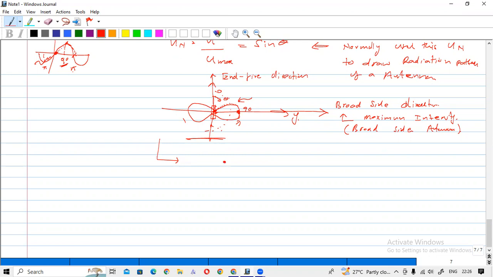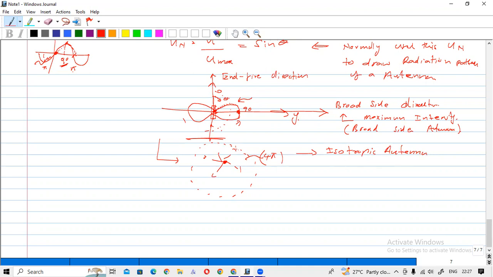So if we imagine the antenna radiates uniformly all over the space, that is for 4π steradians of solid angle, we call it an isotropic antenna.